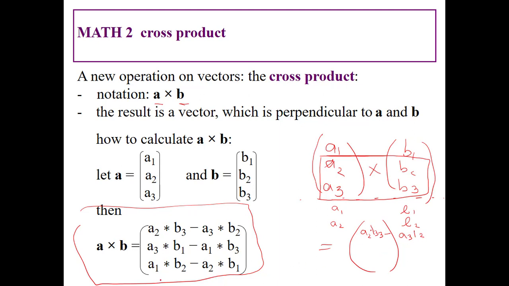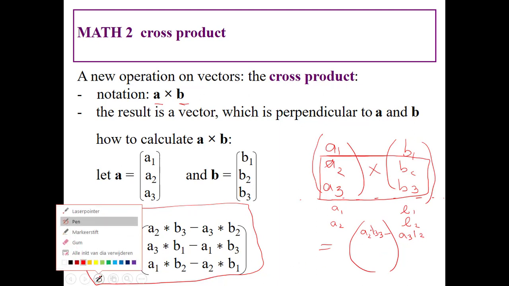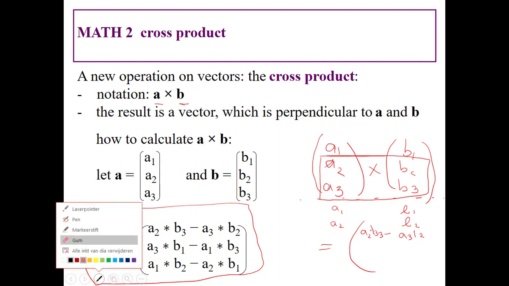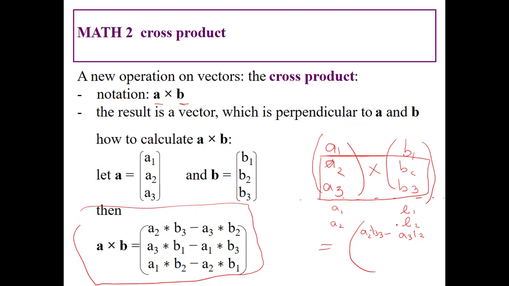Let me erase this one. So the first element is A2B3 minus A3B2. And see, that's exactly the one in the definition.